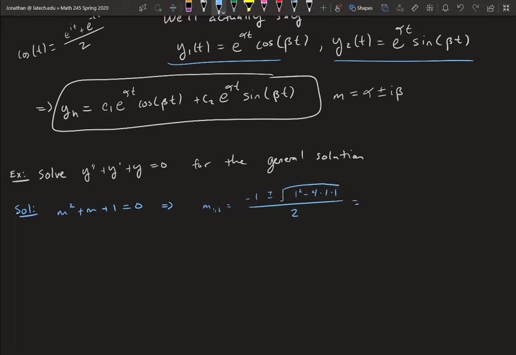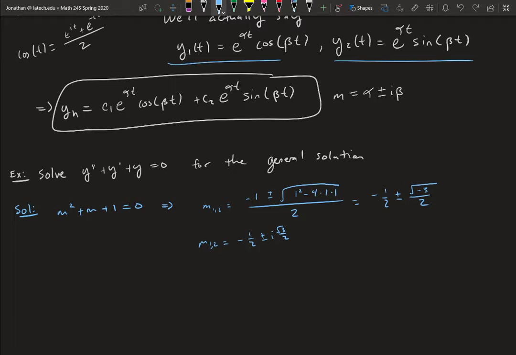So that's going to be negative 1/2 plus or minus the square root of negative 3 over 2. So m1 and 2 are equal to negative 1/2 plus or minus i square root of 3 over 2.